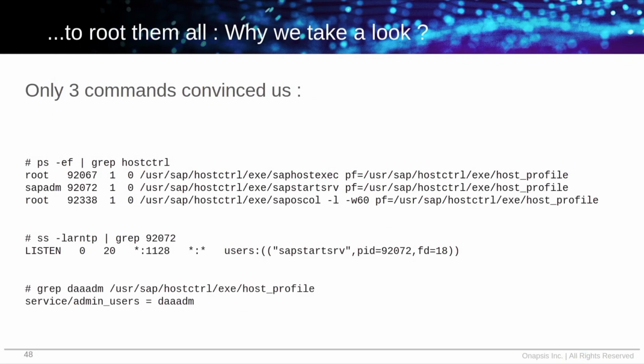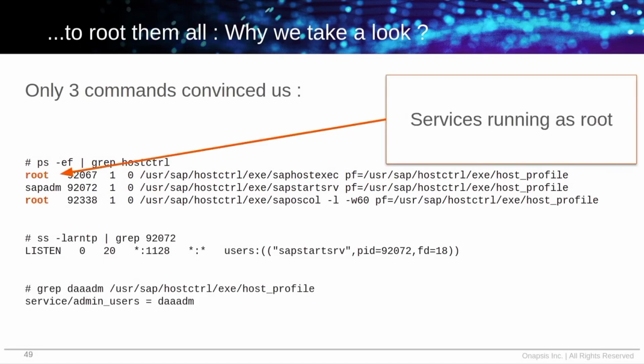Why did we take a look at it? Basically, for three reasons. The first one is there are a couple of services of this agent that run with root privilege. So of course, this is always a good, interesting thing to take a look at this kind of services.